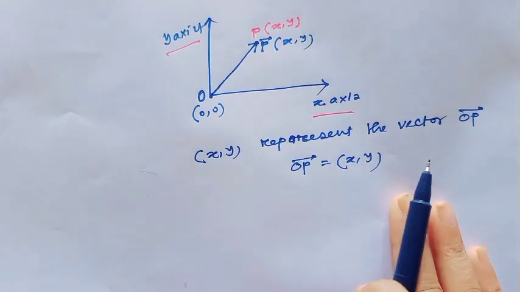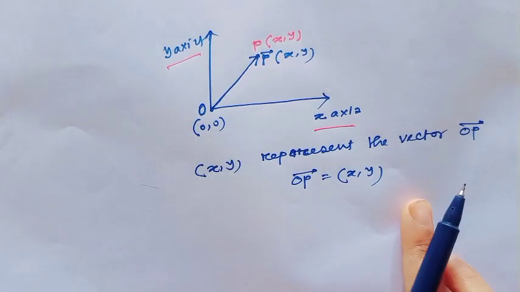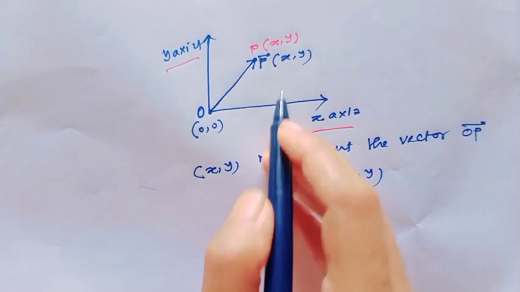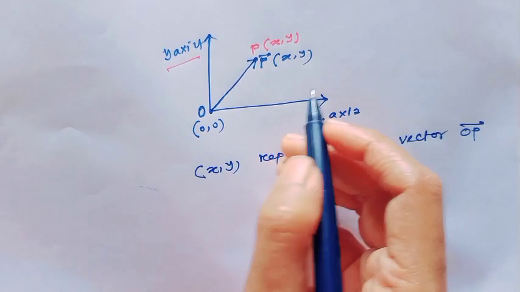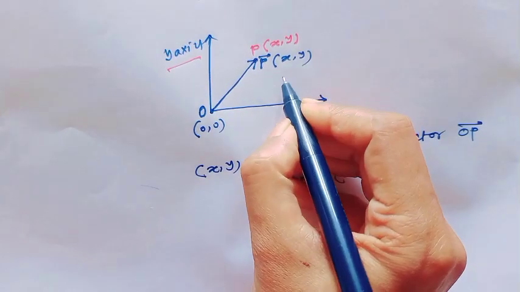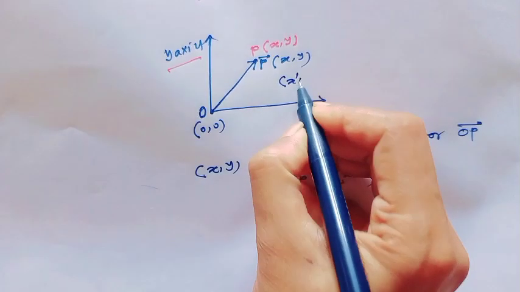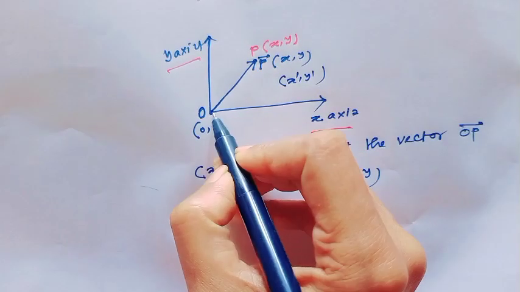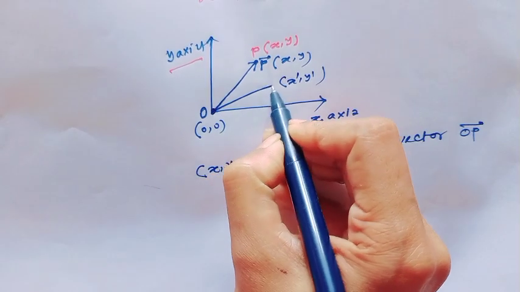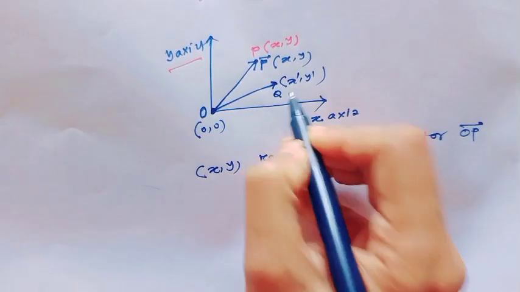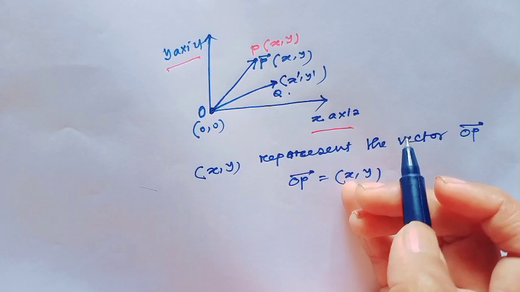A point is a vector because it has a direction and magnitude. If we consider another point in R2, say the point (x', y'), then this would be OQ.